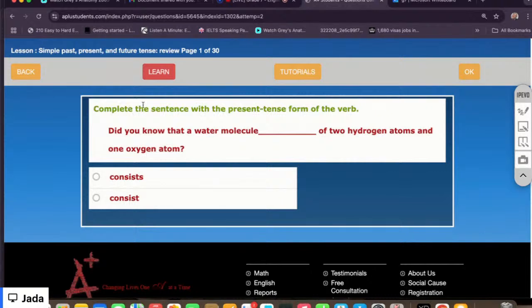Okay, this says complete the sentence with the present tense. Like I've said, you have to make sure that you read the question. This is asking you to complete with present tense. Did you know that a water molecule dash of two hydrogen atoms and one oxygen atom? Is it consist or consists? Which one is the right answer? If you know, you can send in your answers on the chat.